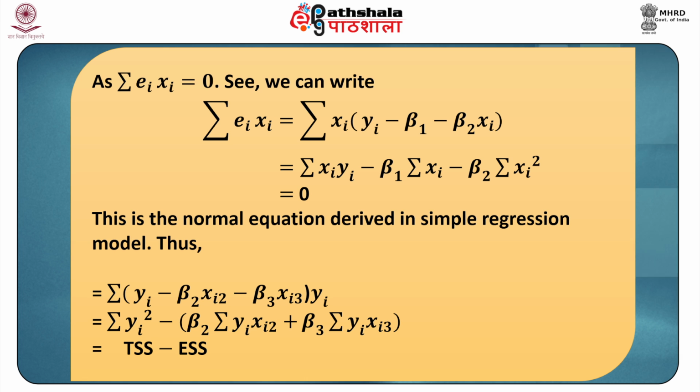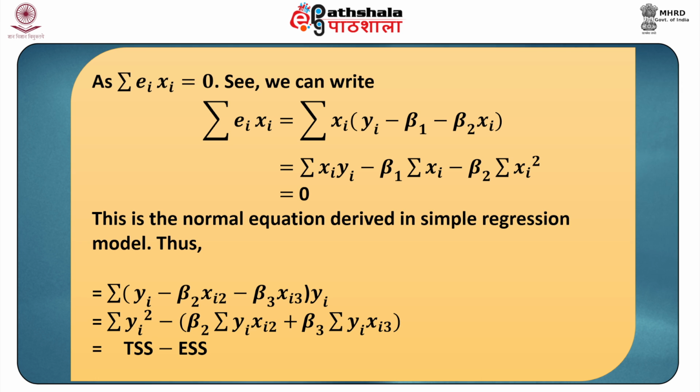Similarly, we can write sigma ei xi equal to sigma xi into (yi minus beta 1 minus beta 2 xi), which gives sigma xi yi minus beta 1 sigma xi minus beta 2 into sigma xi square, and this is equal to 0 because this is the normal equation derived in the simple regression model.